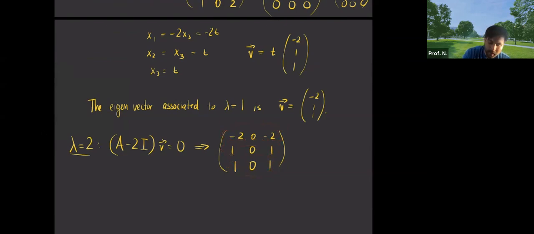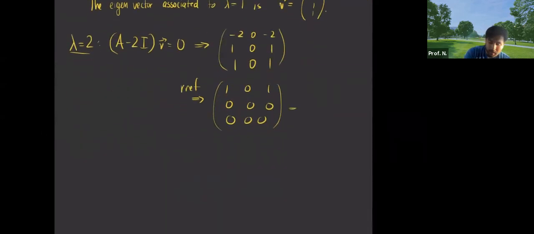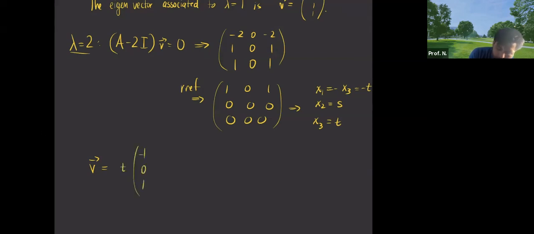So what is my row reduced echelon form? It's 1, 0, 1, 0, 0, 0, 0, 0, 0. I got one pivot variable. x1 equals negative x3. x2 is whatever. x3 is also whatever. So this equals negative t. So what is the solution of this homogeneous system? It's going to be t times the eigenvector negative 1, 0, 1, and s times 0, 1, 0.